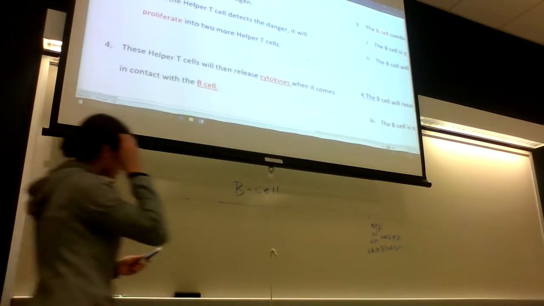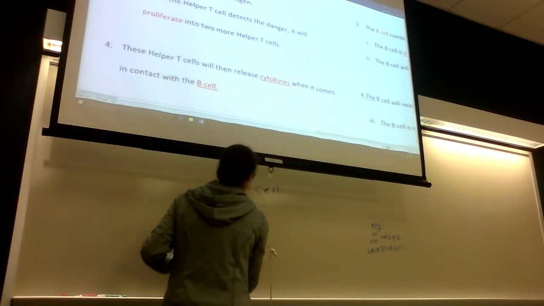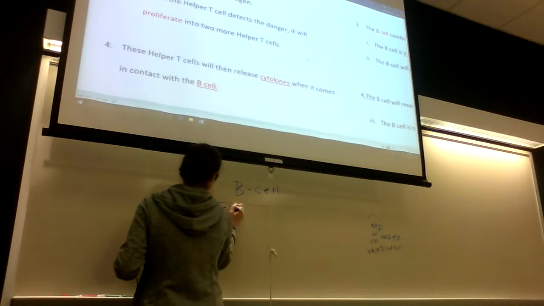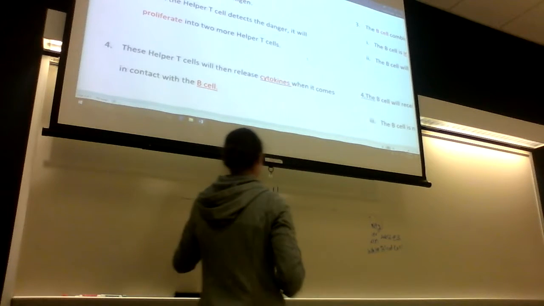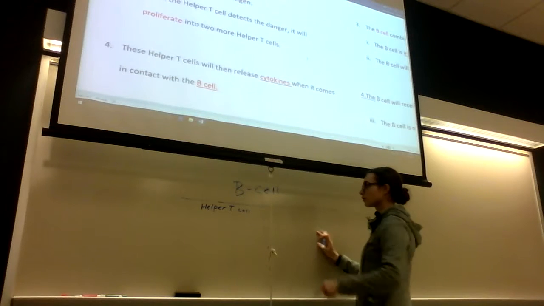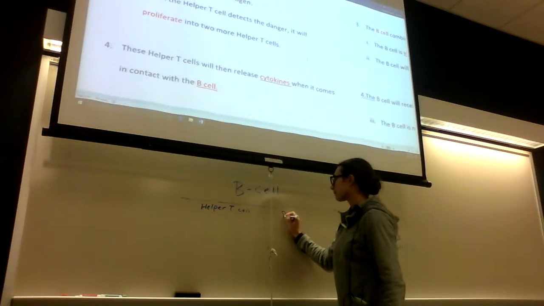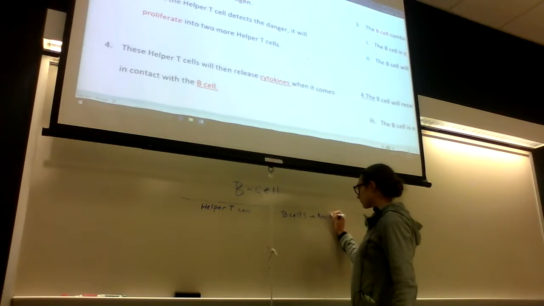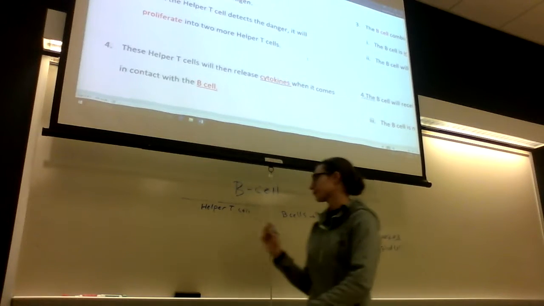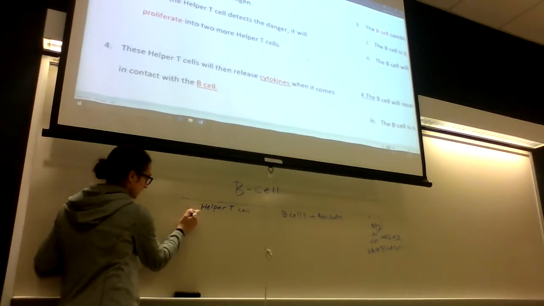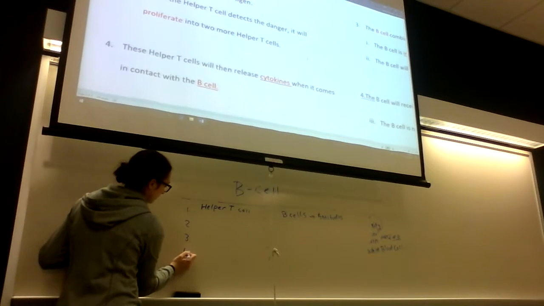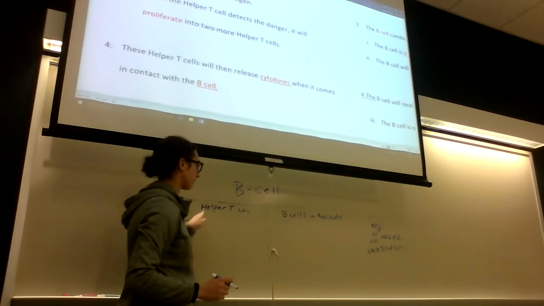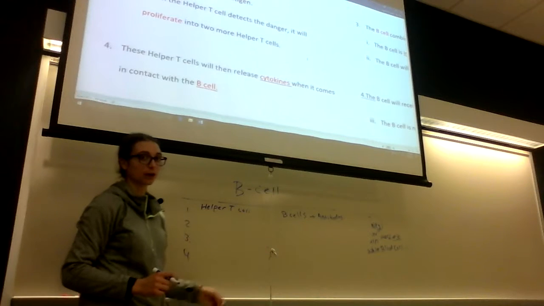On this side, we're going to have mainly our helper T, because your helper T cells are the commander, so they're going to do something that causes your B cells to react. Then we're going to have our B cells and antibodies. And just like the other worksheet, we're going to go step 1, step 2, step 3, step 4. This is what's happening in order, and this is what's happening at the same time across.